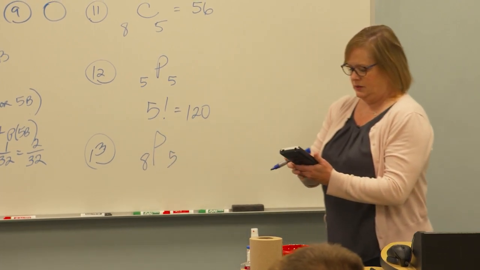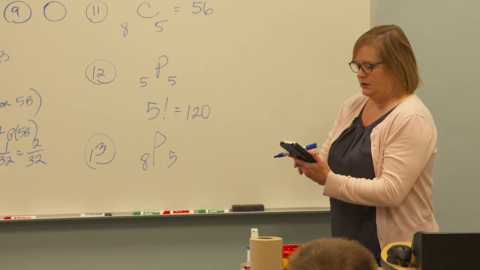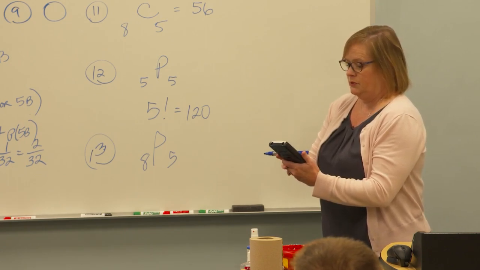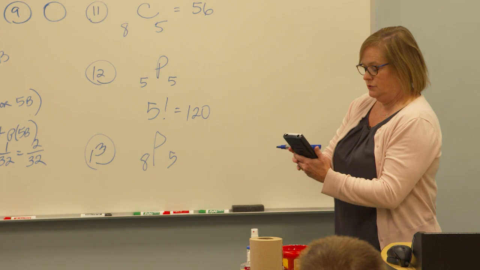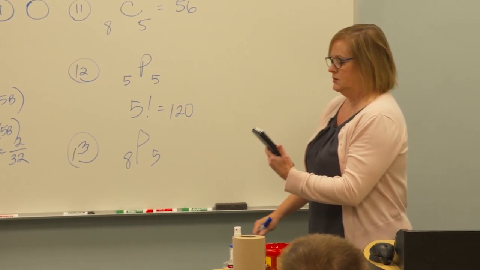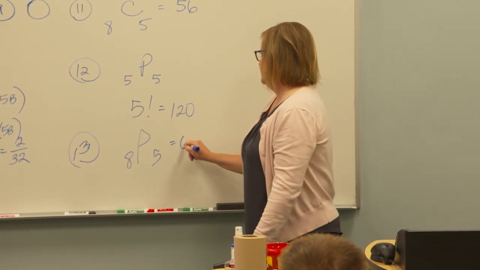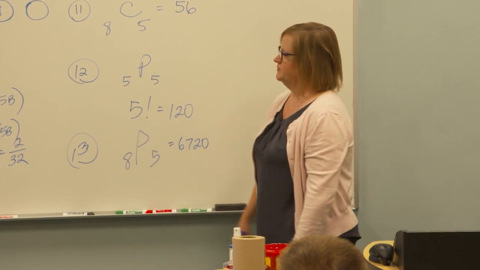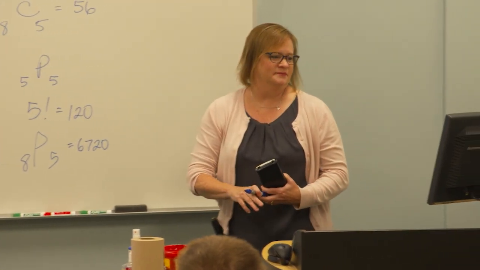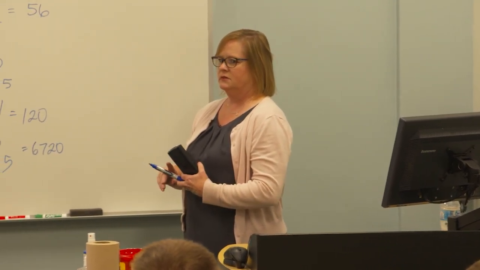Yep. So 8, math, probability, permutation. Choose 5. 6720. Yep. Okay, kind of got the idea then with the permutations and combinations?